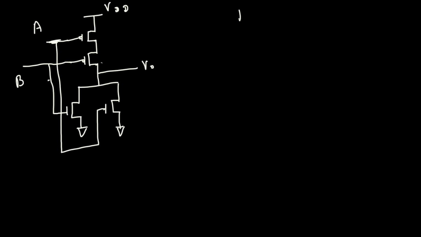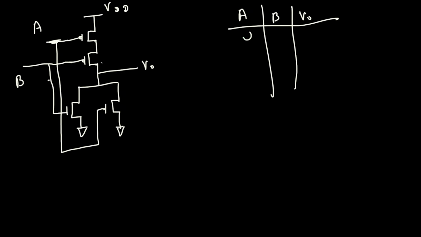Let's look at the truth table. So A, B, and then V output. Now if you have 2 inputs, there are 4 possibilities: 0 0, 0 1, 1 0, 1 1. When both of them are 0, the PMOS is going to be on, and that's the situation. VDD and V0 have a connection through a short circuited straight wire, which means the output is going to be 1.